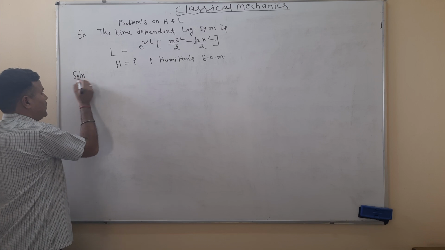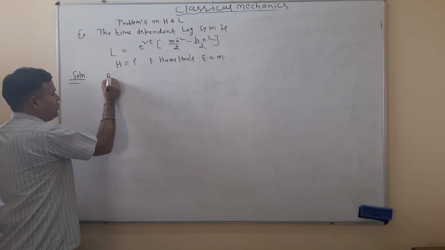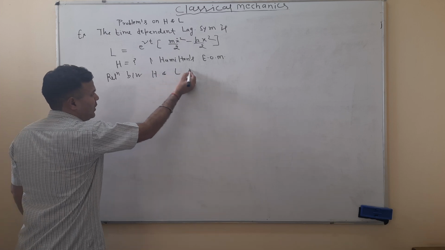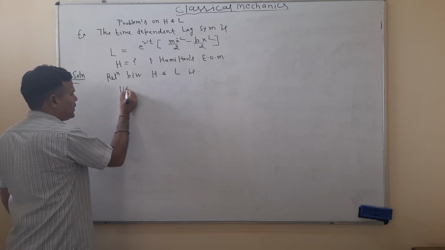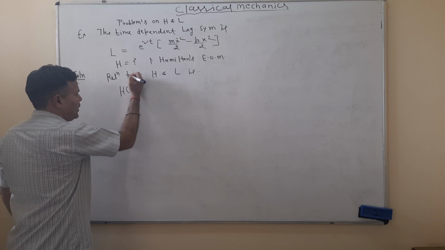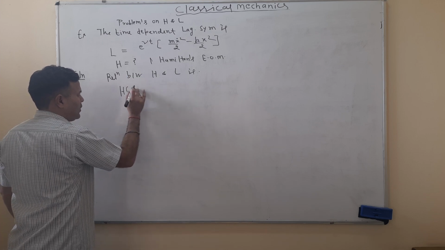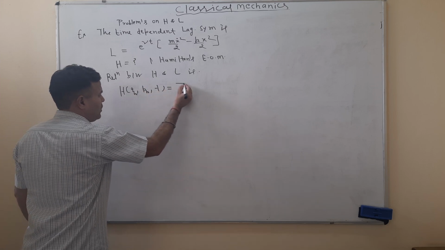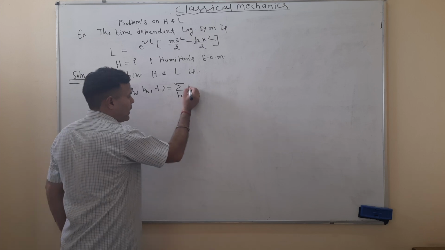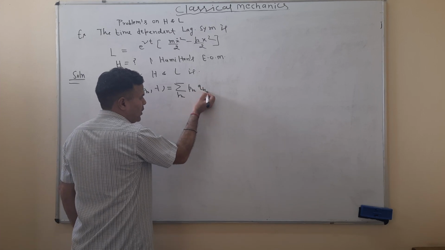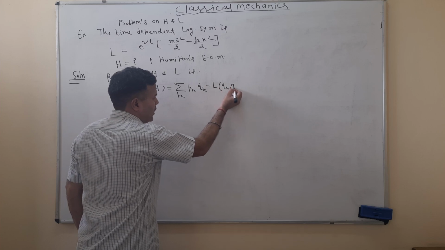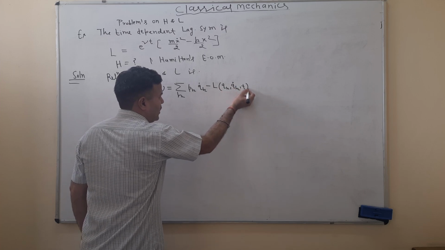We know that the relation between h and L is h of qk, pk and t, which is equal to summation over k of pk qk dot minus L, which is a function of qk, qk dot and t.